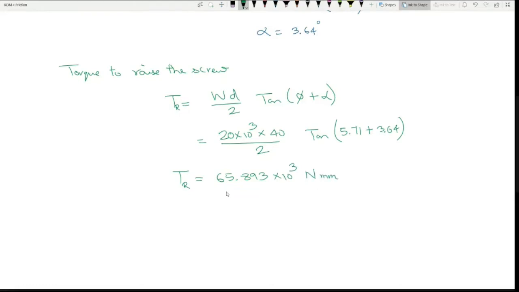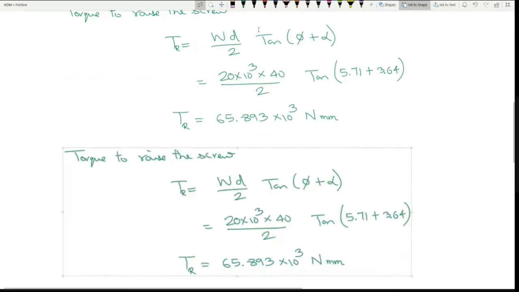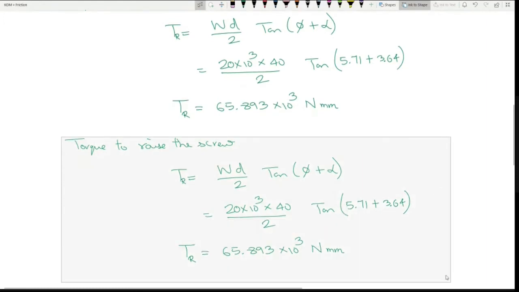The same thing I am going to use for lowering. So the torque required to lower the screw.